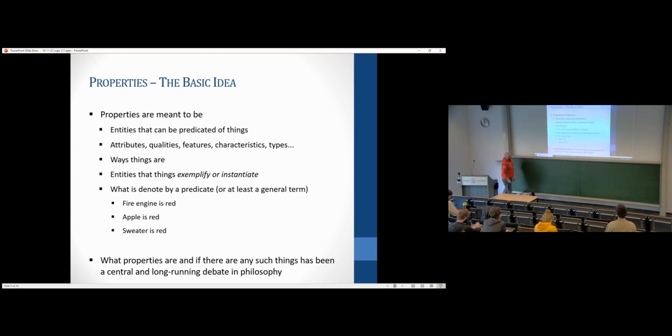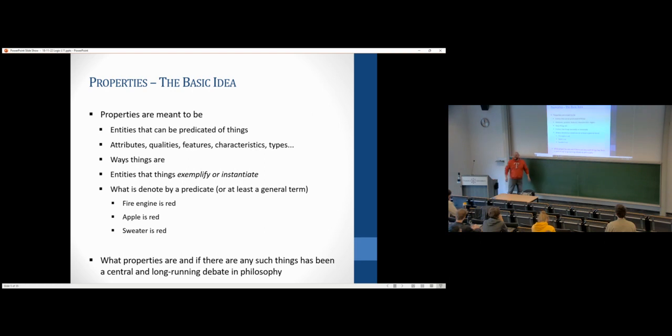Similarly, properties are meant to be things like attributes, or qualities, features, characteristics, types. So being a tiger looks like something like a property. There are multiple instances of tiger. Here's Tony. Here's Tigger. Here's, what's another famous tiger? I can't think of any. Shere Khan.